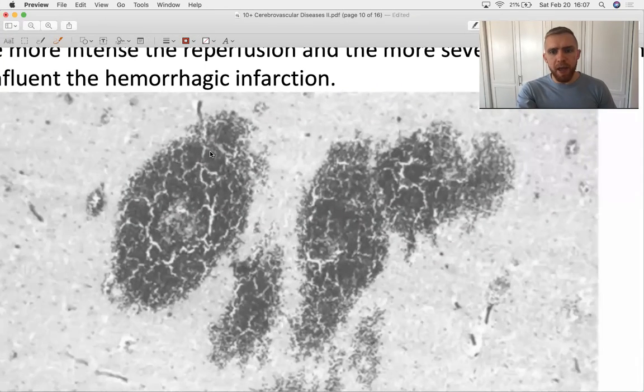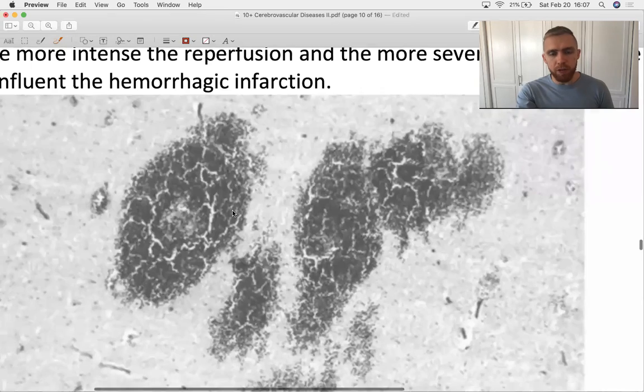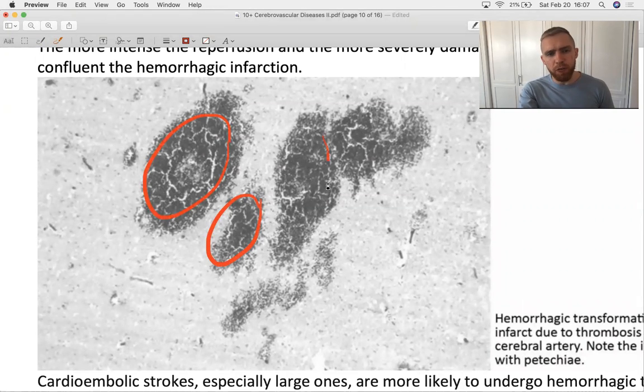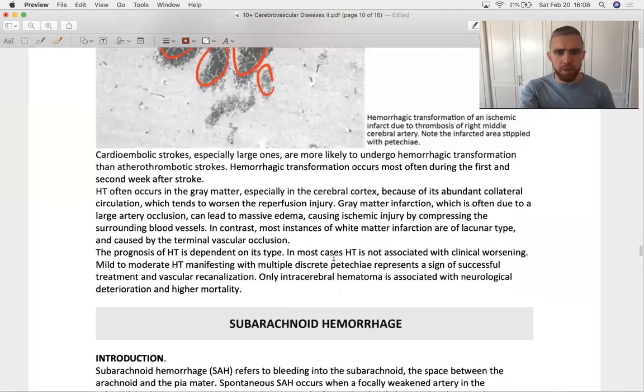Here is an example of a petechial histology that's got kind of a dot-like conformation. It's like it's been sprinkled with some drops. You know, that's what petechiae are. They're just tiny little circles. Pinpoint hemorrhages.